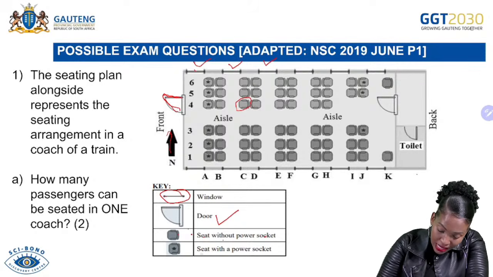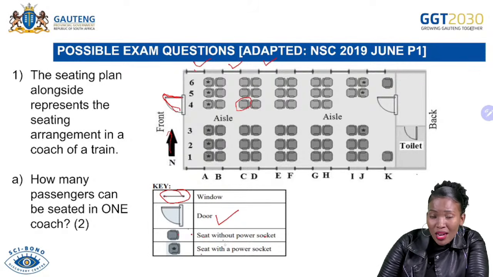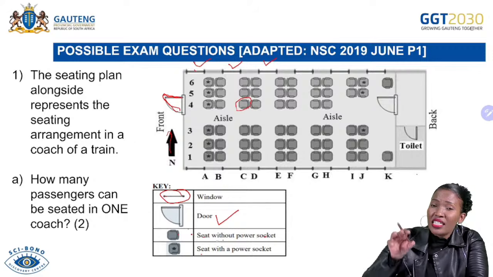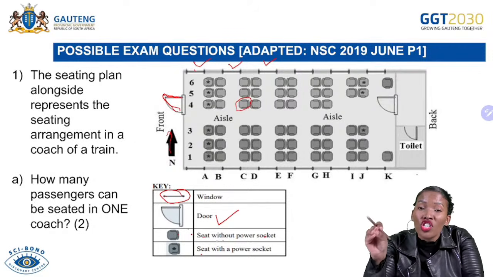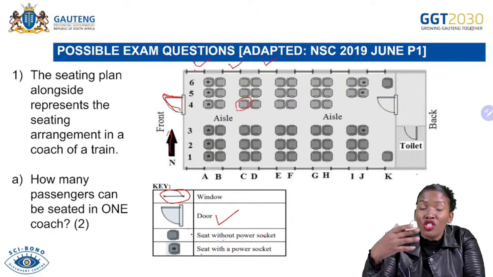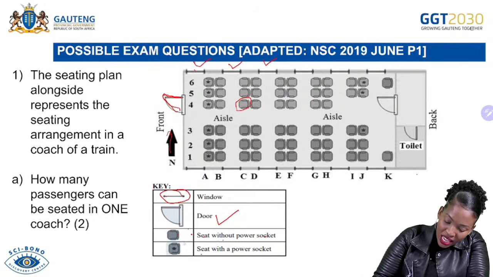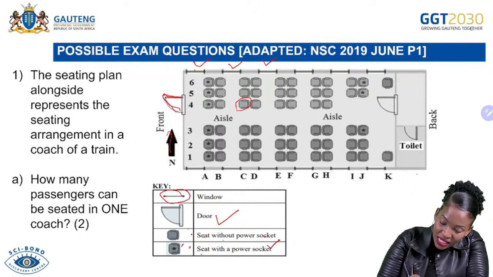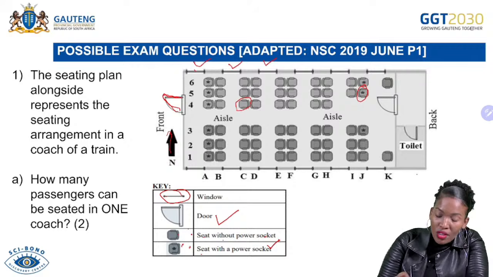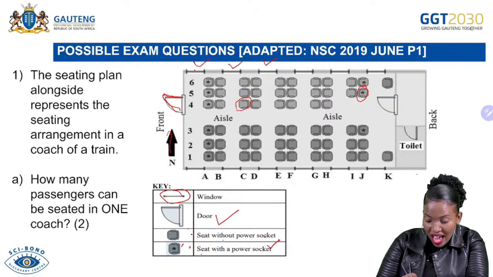And then you've got a seat with a power socket. What is a power socket again? It is a plug where you can insert your phone charger, and then you can charge your phone or even your laptop. A seat with a power socket is this seat that has an asterisk inside it. So these are the keys.